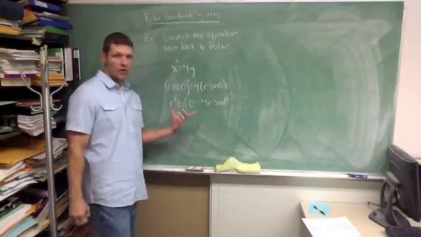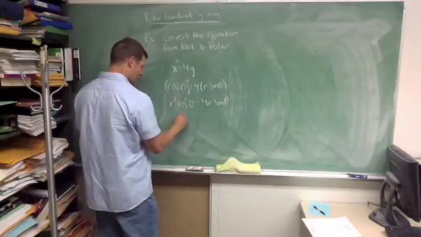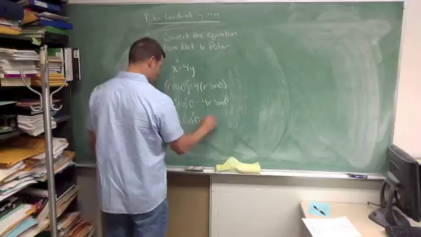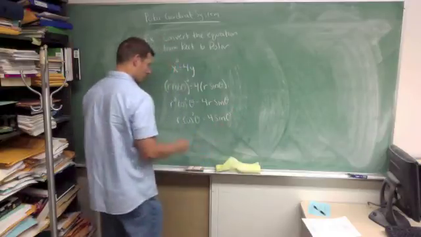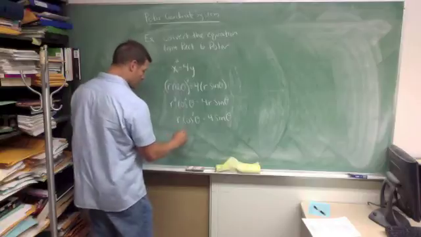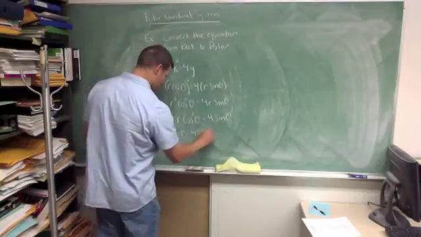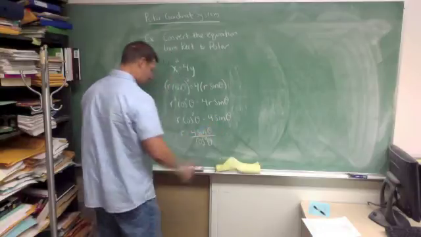r is not a variable, r is a value, a number, so divide by r. So I get r cosine squared theta equals 4 sine theta. Divide both sides by cosine squared: r equals 4 sine theta over cosine squared theta.